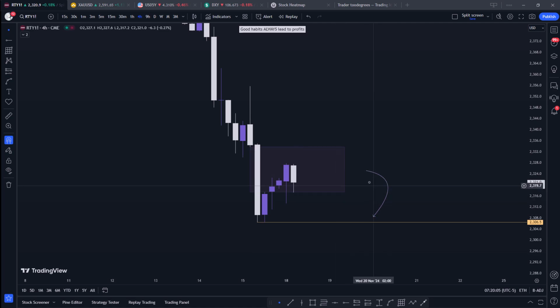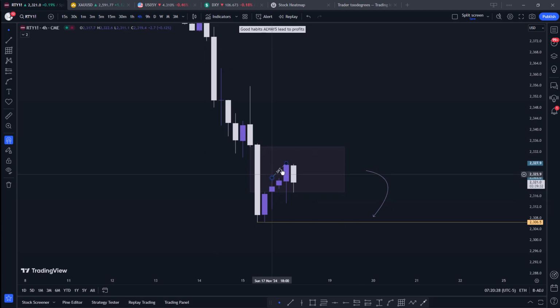So like here for example we have the 4-hour. We can also work on the 1 hour, but I don't suggest anything lower than that. So on the 4-hour chart we have tapped into this PD array, right, into this fair value gap right here. The next thing we look for is some sort of SMT. So let's say here for example Russell took the highs, right?